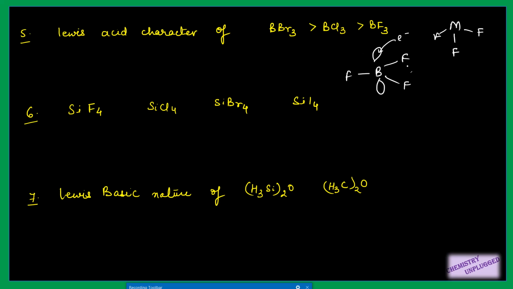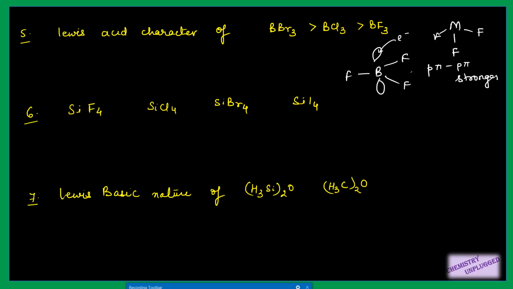P pi back bonding gives these trihalides of boron planar structures. This back bonding is best for boron and fluorine because they belong to the same period, their orbital sizes are almost the same, so they can show better p pi back bonding. So their p pi back bonding is stronger.